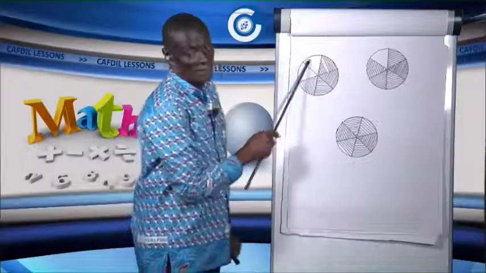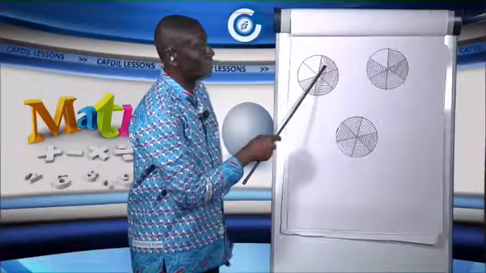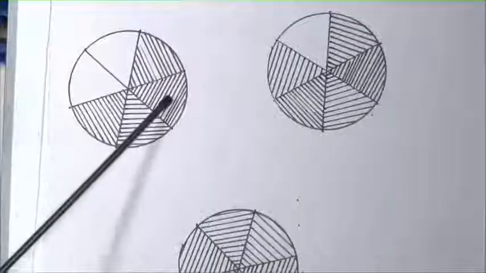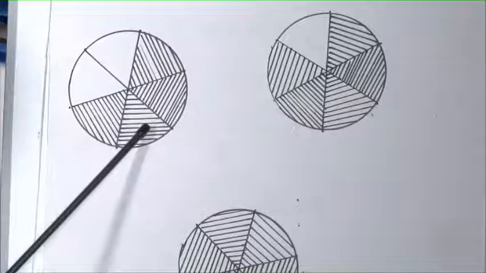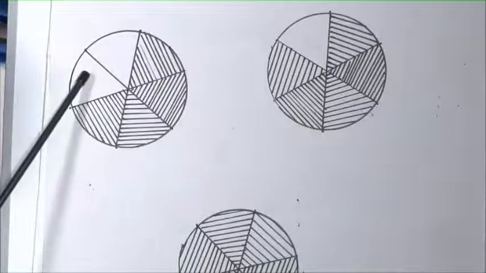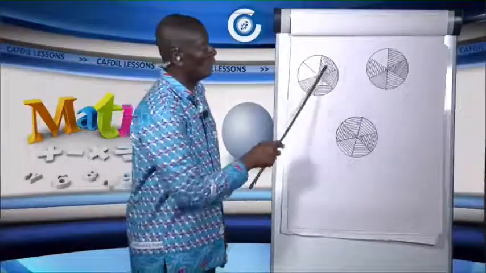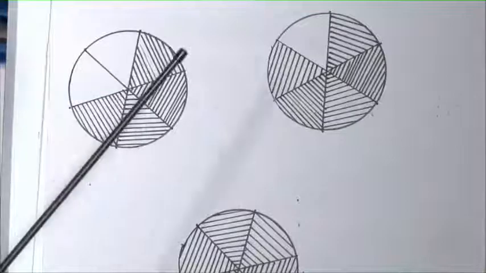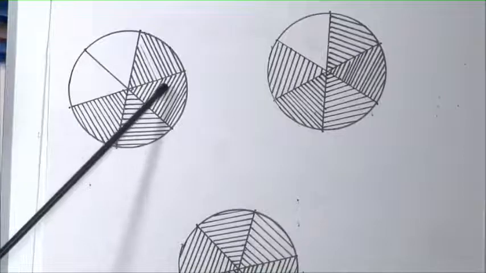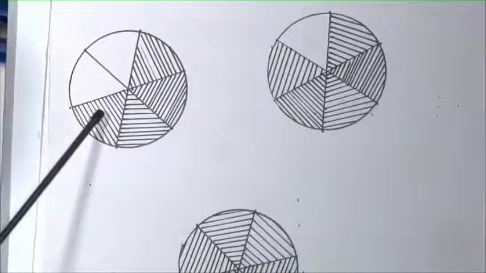How many parts do we have? 1, 2, 3, 4, 5, 6. Good. How many parts have been shaded? Let us count. 1, 2, 3, 4.